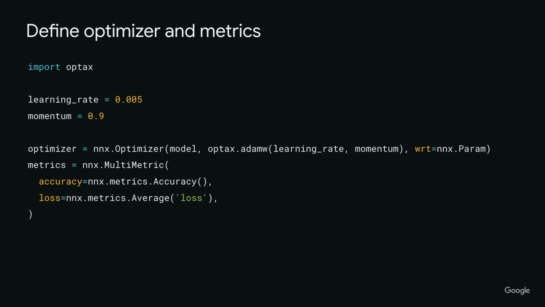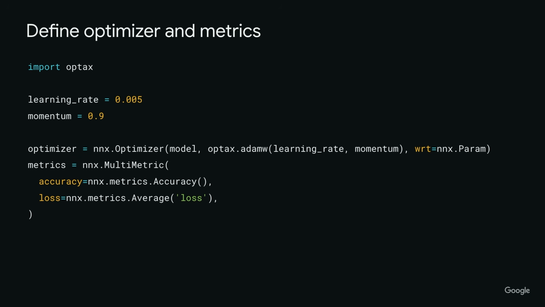Next, we define the optimizer and metrics. We use the AdamW optimizer from Optax. Notice the new wrt equals nnx.Param argument in the NNX optimizer call. This is a key update in the latest version, the 0.11 version of NNX.